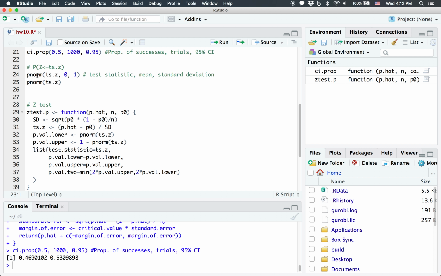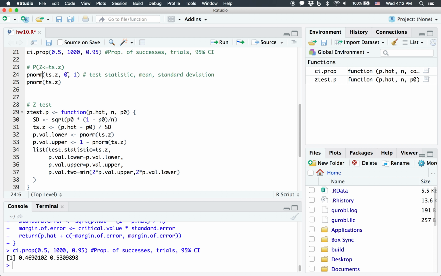You also learned pnorm, which outputs the probability less than the parameter you input in the first spot. Here we're using this to find out what the p-value is from our test statistic. This command is actually the same as this one.